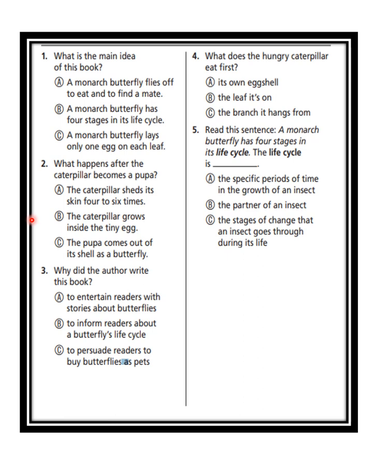Does that happen while it's a caterpillar or when it's a pupa? Or C, the pupa comes out of its shell as a butterfly. What happens after the caterpillar becomes a pupa? If you're not sure, I want you to pause the video and go back into the story and find the answer. Okay?